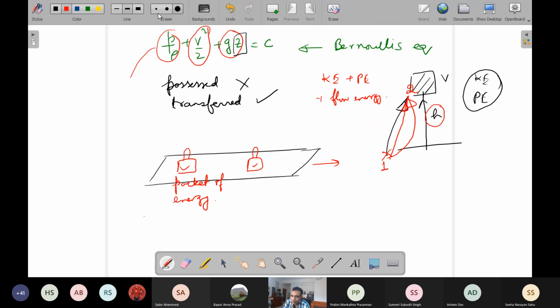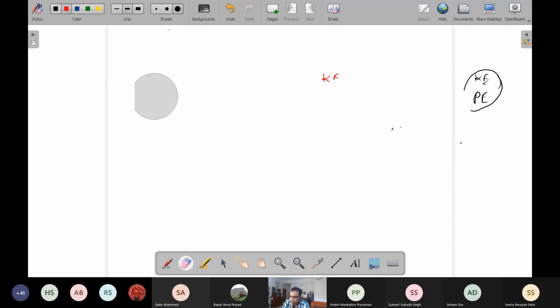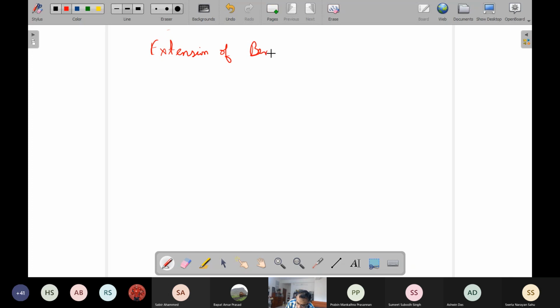The next, a small point that I will add before we stop today's class is that although we have maintained a restriction of steady flow, the Bernoulli's equation can well be extended for unsteady flow. So, extension of Bernoulli's equation to unsteady flow.